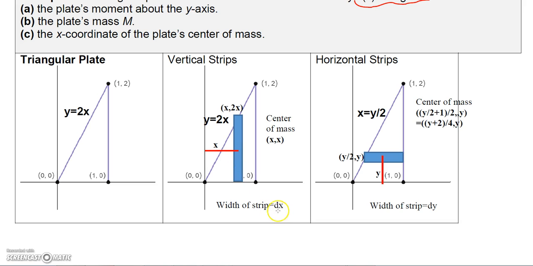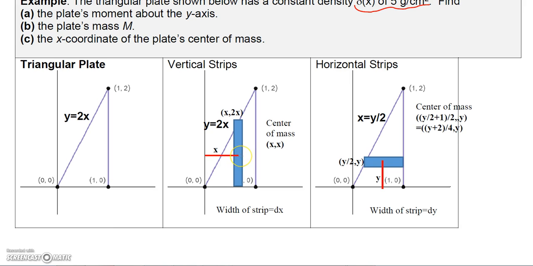The width of the strip is just dx, and notice that since I have constant density, the center of mass of this strip would be the point halfway up the strip.